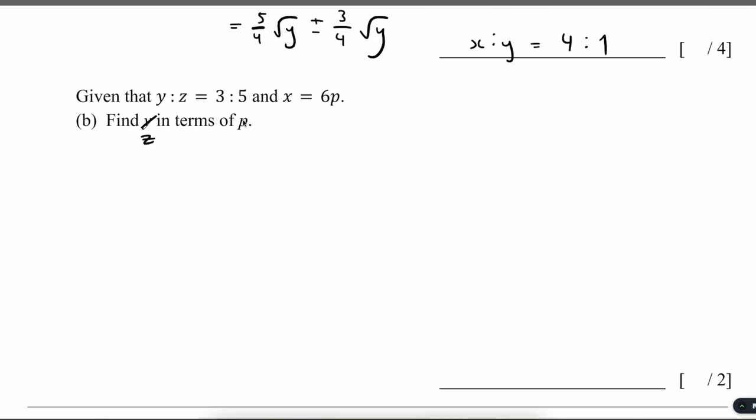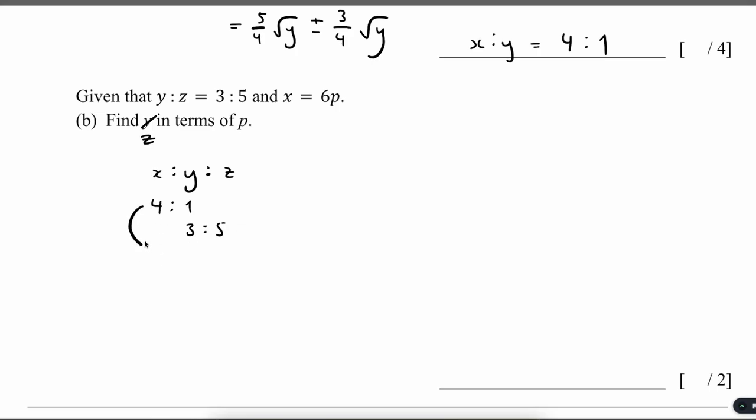Okay, so next part. Given that y to z is 3 to 5 and x is 6p, find z in terms of p. So we know that x to y is 4 to 1, so let's find x to y to z. So 4 to 1, and y to z is 3 to 5.